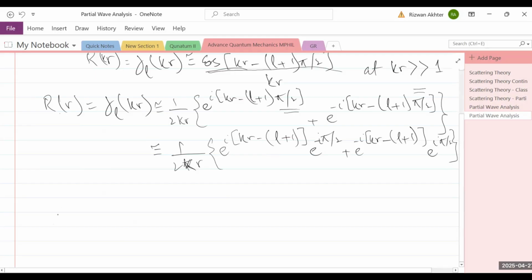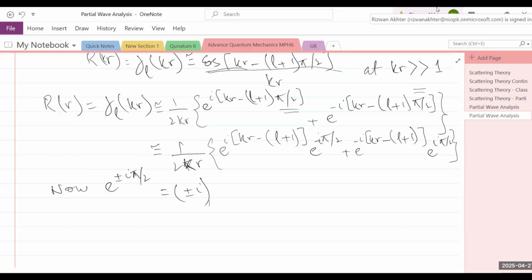So we can simply say that e to the power plus minus iota pi by 2 is in fact equals to plus minus iota के बराबर. So this is just plus minus iota. So we can write in place of this factor which is e to the power plus minus iota pi by 2, इसकी जगह हम plus iota and minus iota introduce कर सकते हैं in our radial part.